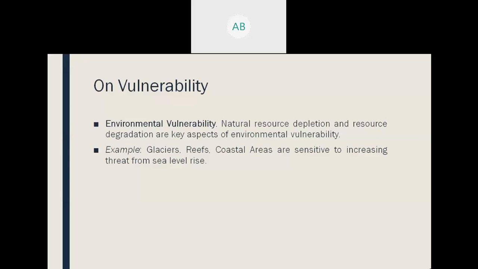Now look at the problem. What is happening when there is a gradual rise of global temperature because of the greenhouse effect? We are always talking about this greenhouse effect because we cannot really escape these terms. Whenever we talk about disaster, we have to bring in climate change.